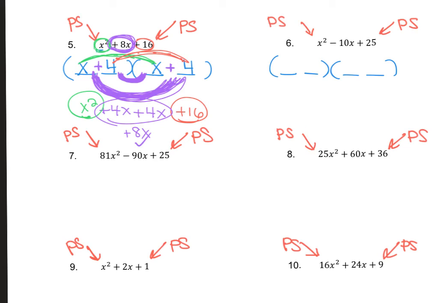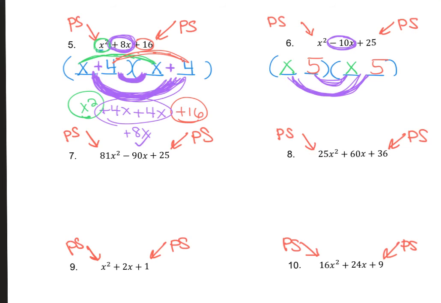All right, let's do it again. We get x and x. 25 gives me 5 and 5. All right, and now we just have to play with our signs. We want negative 10x. So with this one and this one, our double rainbow, how am I going to get negative 10x?